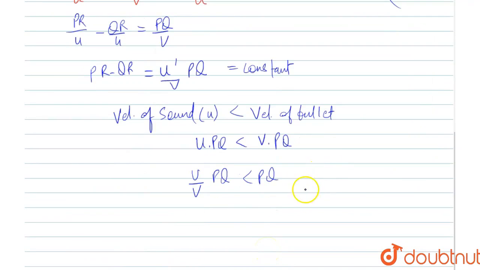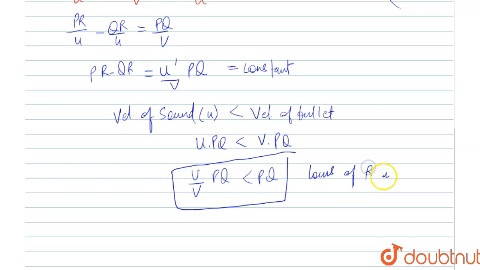So the locus of R is a hyperbola, where the difference of the distances from the foci, the transverse axis, is less than SS dash.